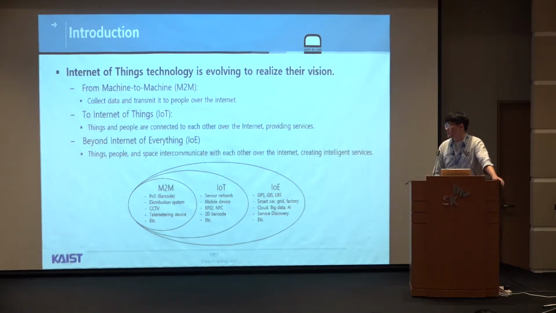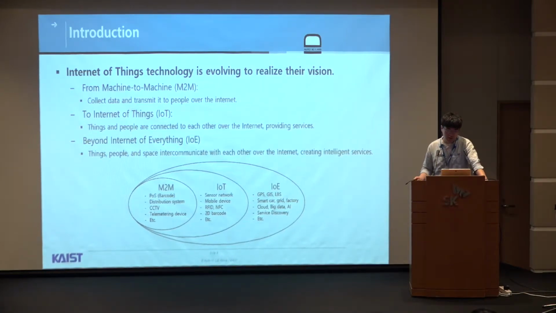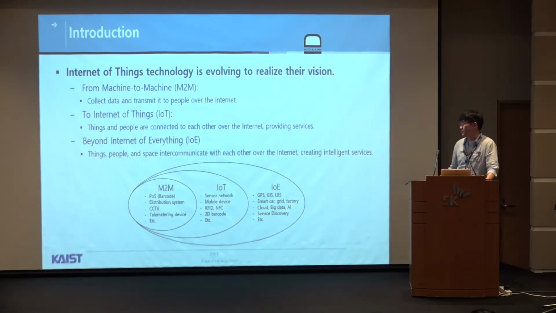Beyond the Internet of Things, we call it the Internet of Everything, in which things, people, and space intercommunicate with each other over the Internet, creating new intelligent services.